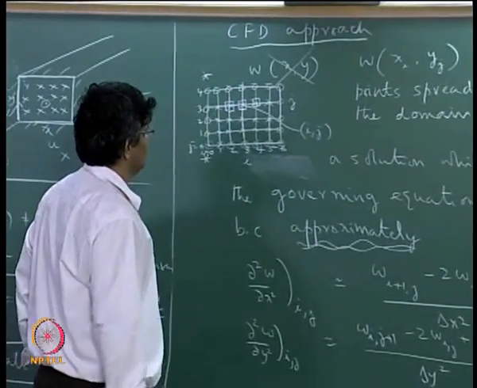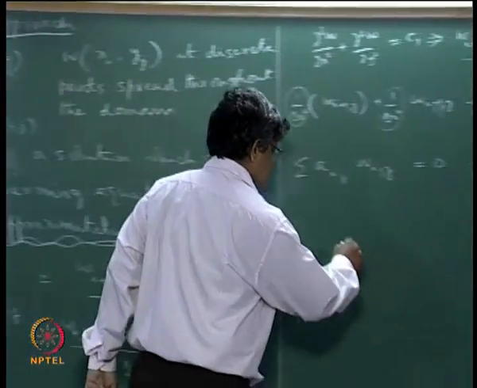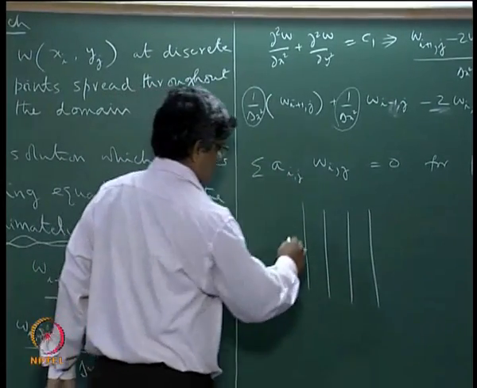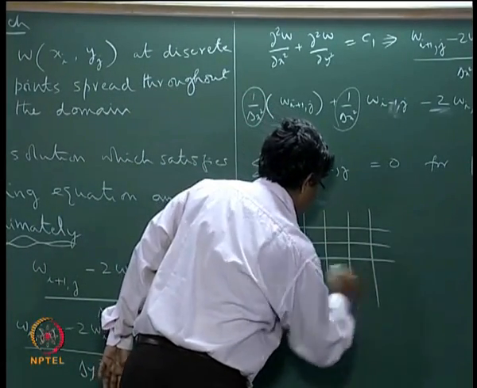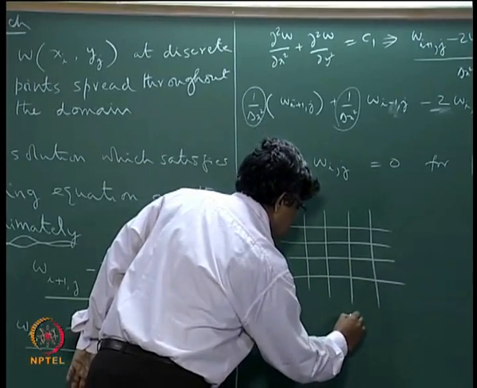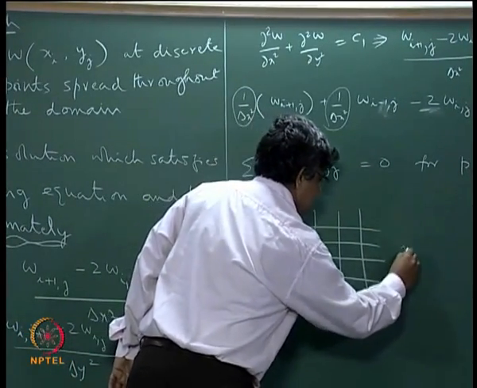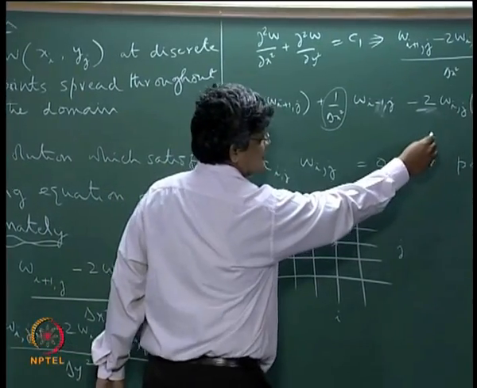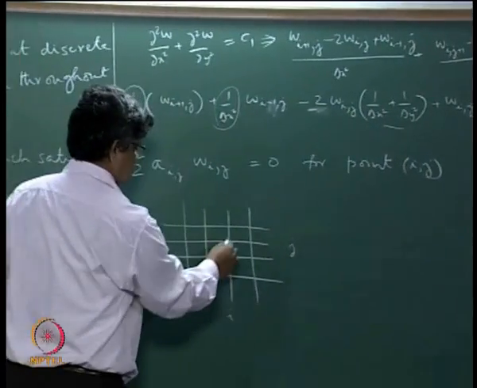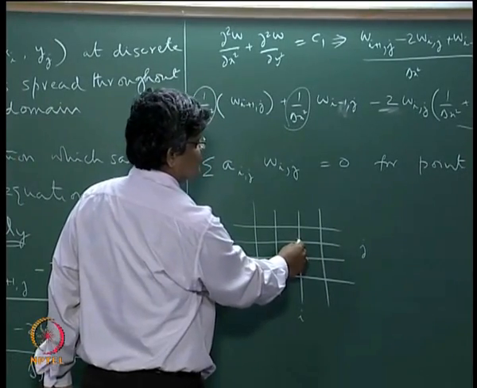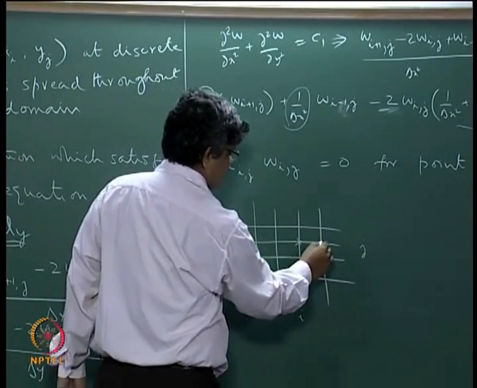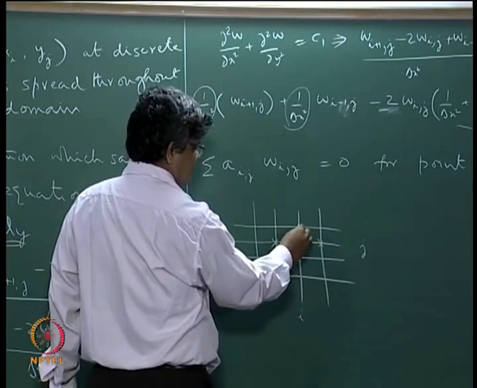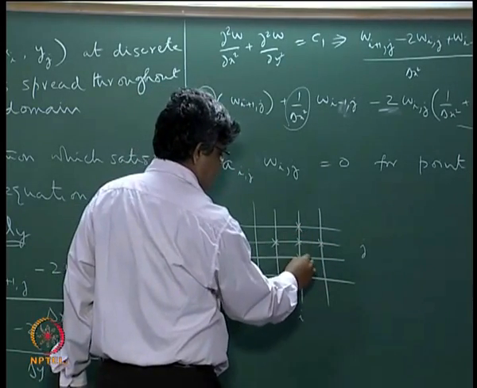So if you were to look at this case, we will just take a generic point like this. These are lines of constant x, these are lines of constant y here. If you are looking at i here and j here, this is the point that we are looking at. So we can see that this value is appearing in this equation, and the neighboring value to the right, to the left, to the top and the bottom.